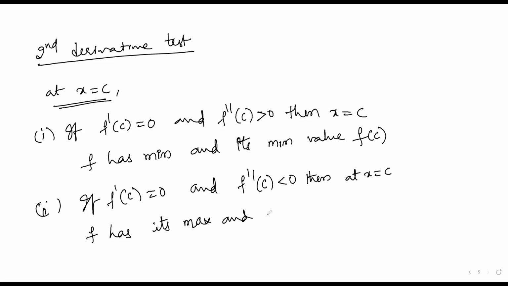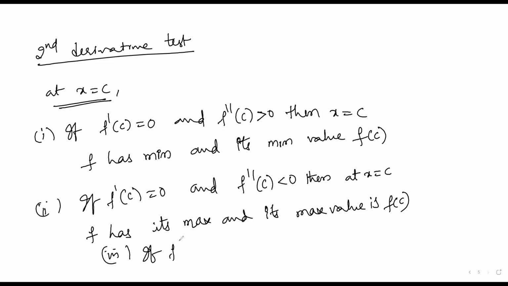Maximum, and its maximum value is f of c. I am saying at c it will have either a maximum or a minimum, but I am telling two cases. If it is greater, it is minimum. Lesser, maximum.